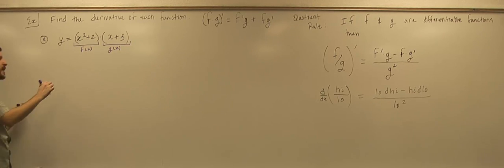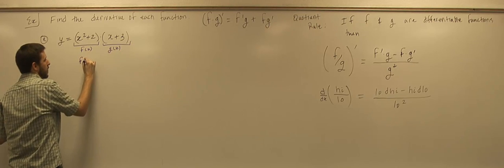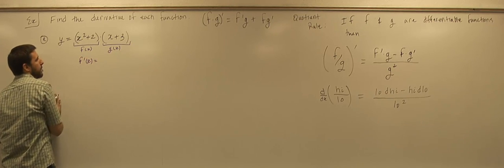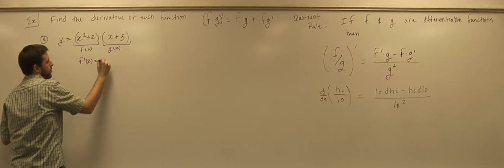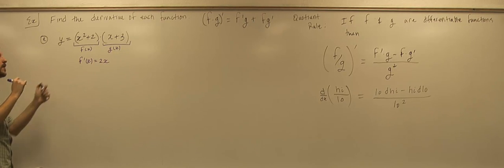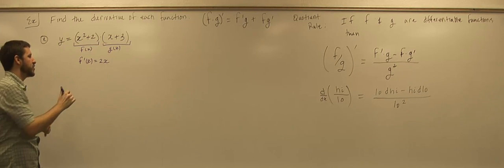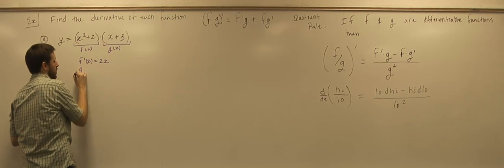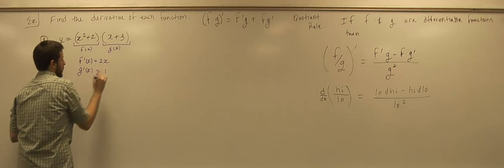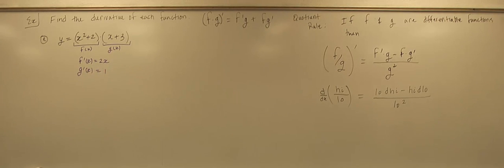Then I'll calculate f prime and g prime. What's f prime? 2x plus nothing, or 2x plus 0. And then what about the derivative of g? 1. So then you can put it in the form.